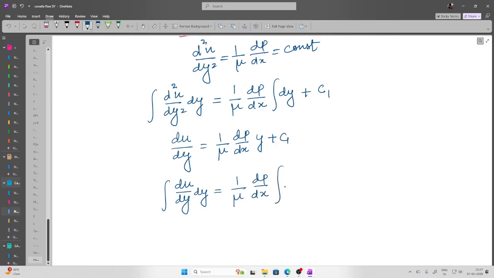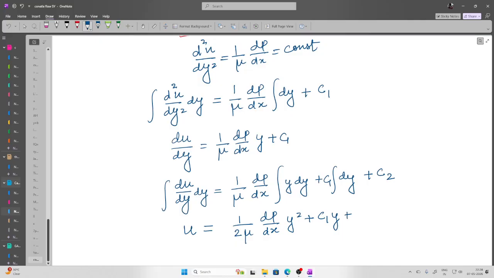This whole is a constant, so it is y dy plus integration of c1. C1 is a constant, so I can bring this c1 outside, and then this is dy, and then again an integration constant. So this will simply become u, and this is y square by 2. So I can write this as 1 upon 2 mu dp by dx, and then y square, then c1 y, and then c2.